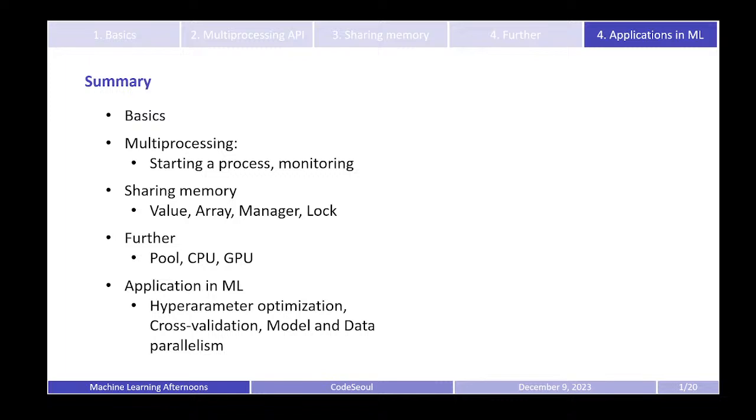We also showed how to share memory between different processes, how to manipulate it, how to create a pool of processes and scale it depending on your compute, and also showed how parallelization can be useful for machine learning applications.